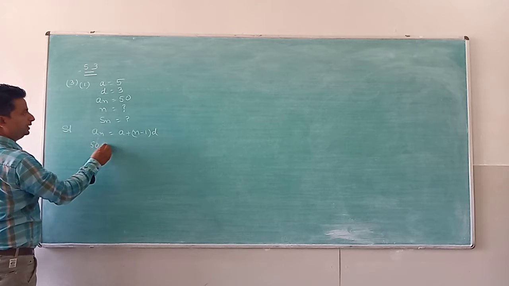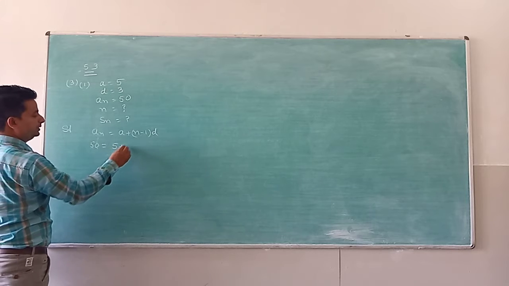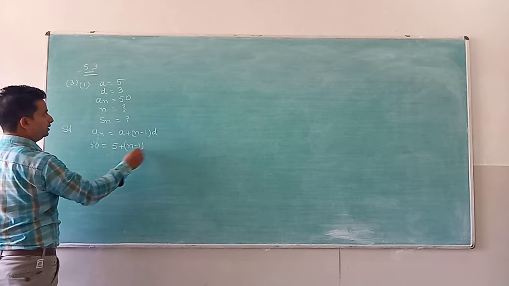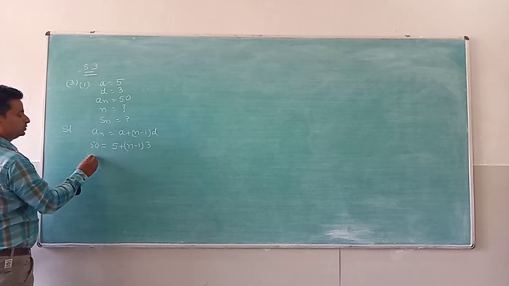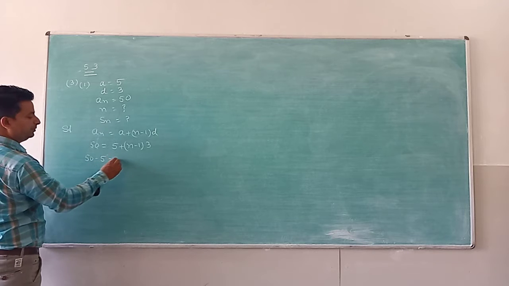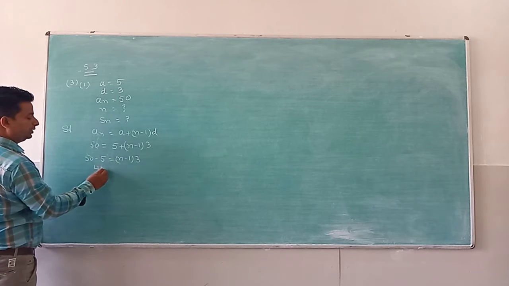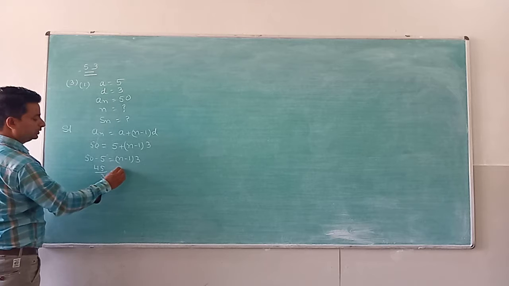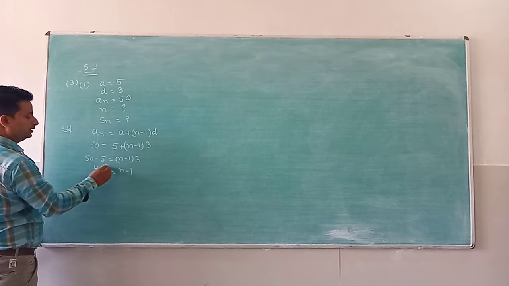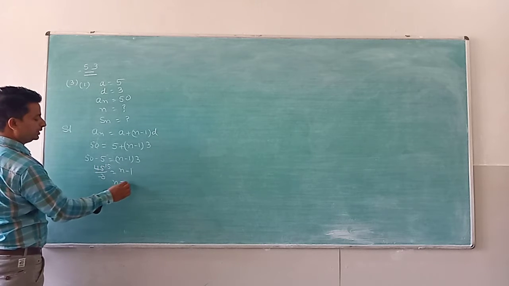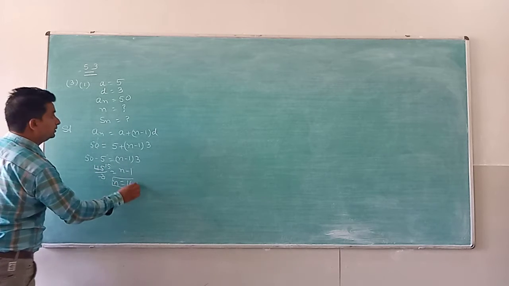An is 50, a is 5, d is 3. So this is 50 minus 5 equals (n minus 1) into 3. This is 45 upon 3 is n minus 1. So n is 15 plus 1, 16.